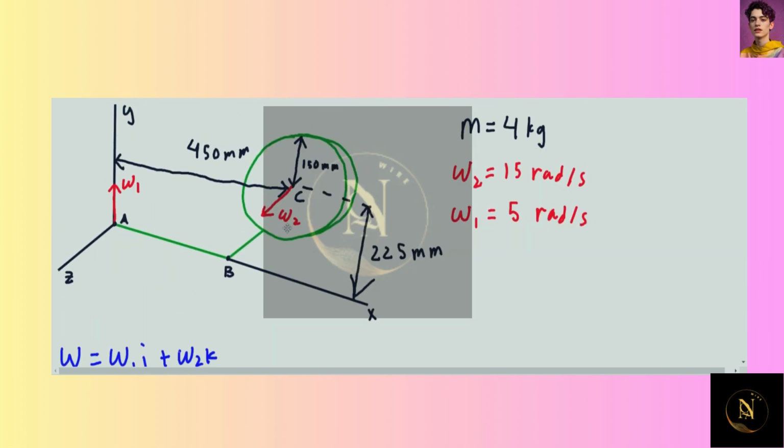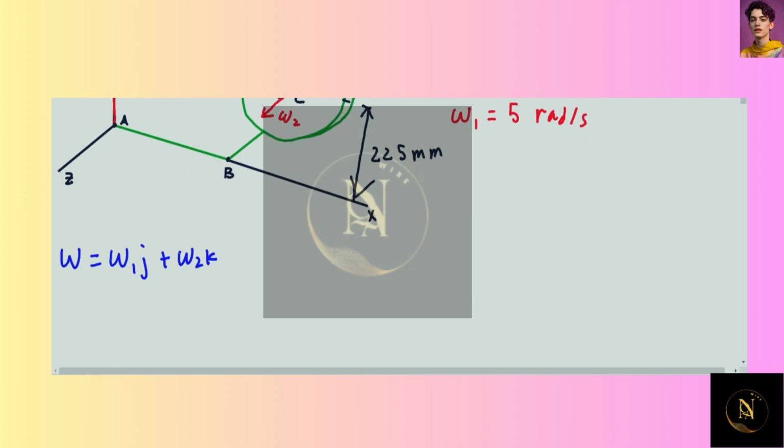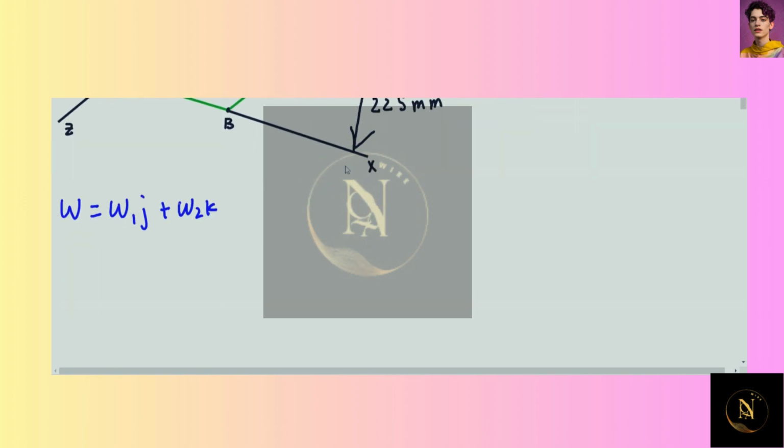And the way that I found these directions of the angular velocities is that we use the right-hand rule to know what direction the angular velocities are going. So we can then write the angular velocity vector as 5j plus 15k radians per second.